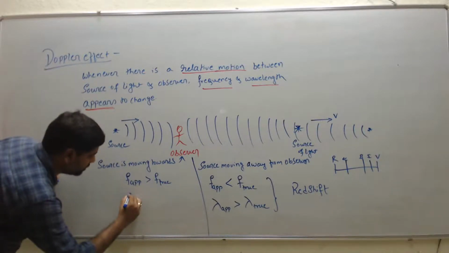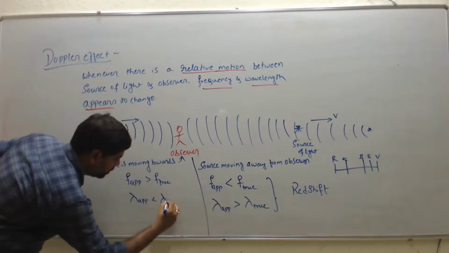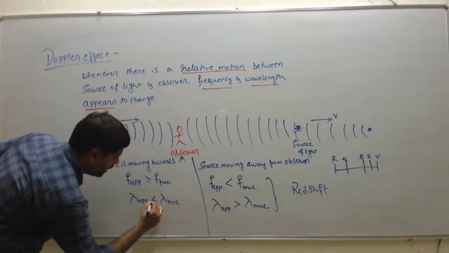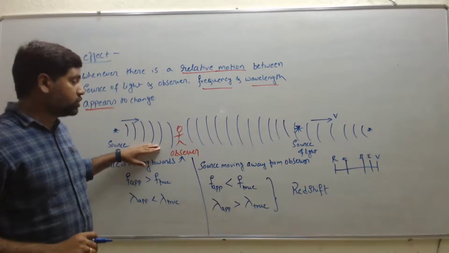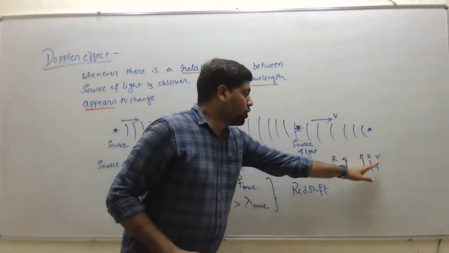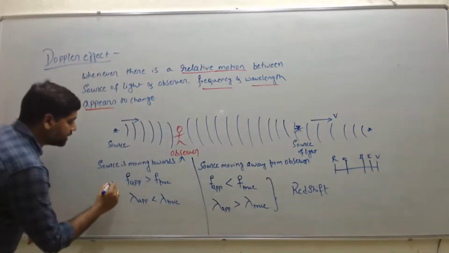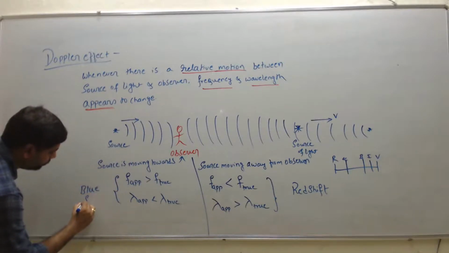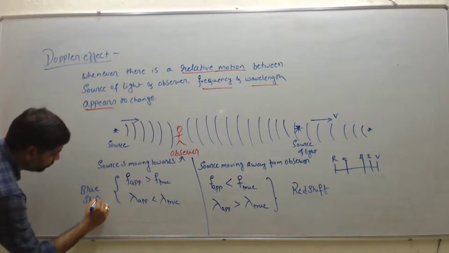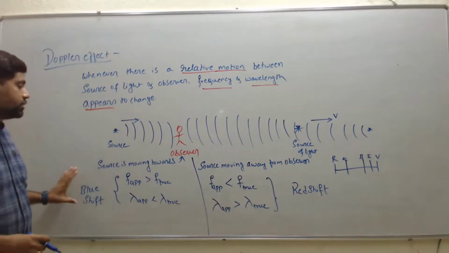In terms of wavelength, the apparent wavelength is less than the true wavelength, hence the measured wavelength shifts to the blue end of the spectrum. This we call blue shift.